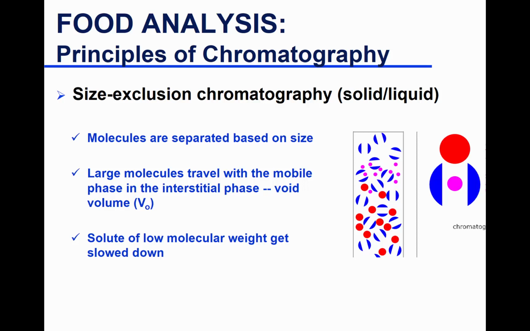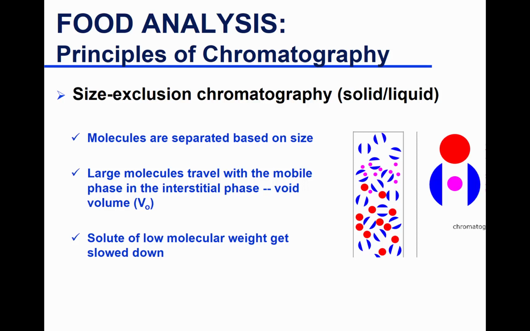Size-exclusion chromatography has multiple names and they all mean the same thing. If you hear gel permeation, it means size-exclusion. If you hear size exchange, it means the same thing. People just use different terms, but it really means the same thing.